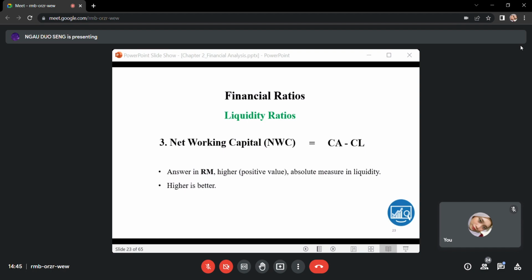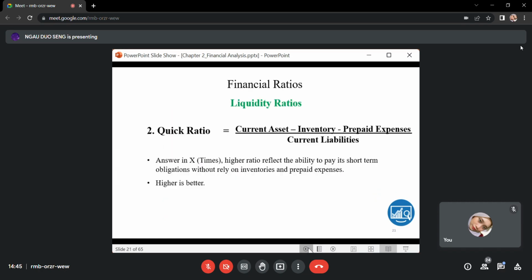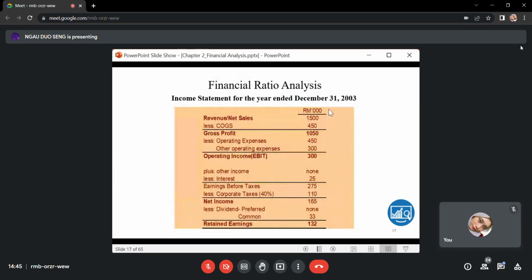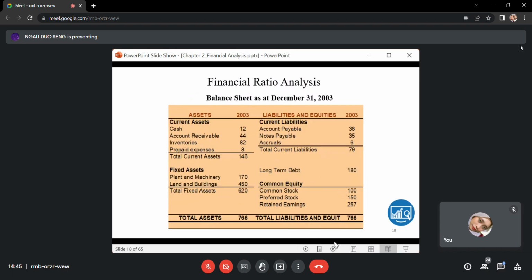67,000. Yes. So as I mentioned tadi, we go back. We have mentioned the statement is in 1,000, right? 450,000, 300,000. Same for the balance sheet also. This one is 12,000.